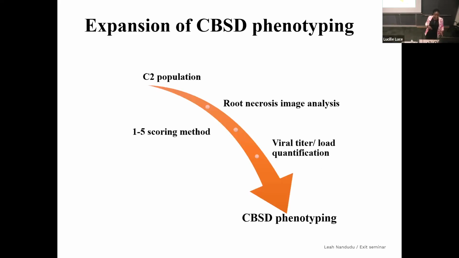So once we had the population, we had different hypotheses that we wanted to test on how the population performed based on the 1 to 5 scoring method. Then we took root necrosis images because we were curious, is this necrosis due to environmental factors or is it genetic? And also we did viral titer quantification, or viral load quantification, and that's how we phenotyped the C2 population.